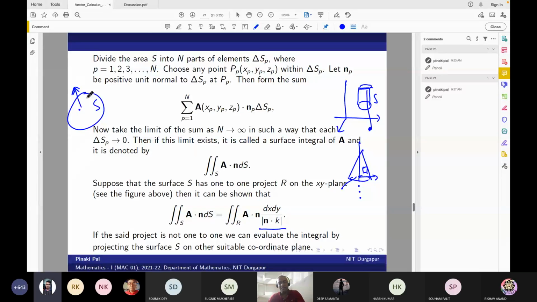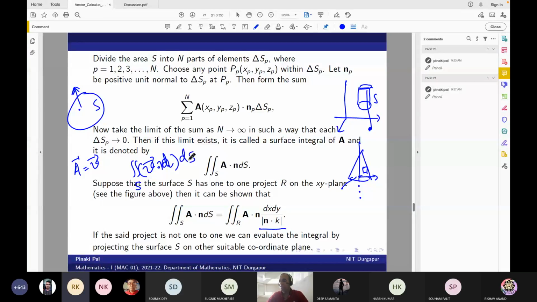Then this surface integral, basically, if A is equal to, let us suppose, V, then what will we get? We'll get V dot n dS.